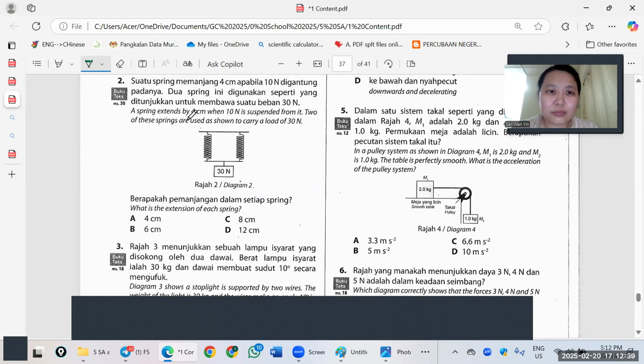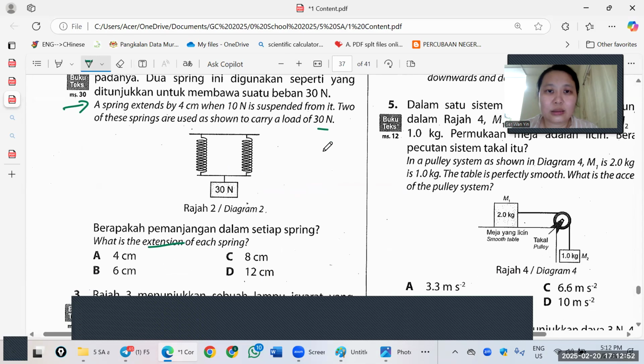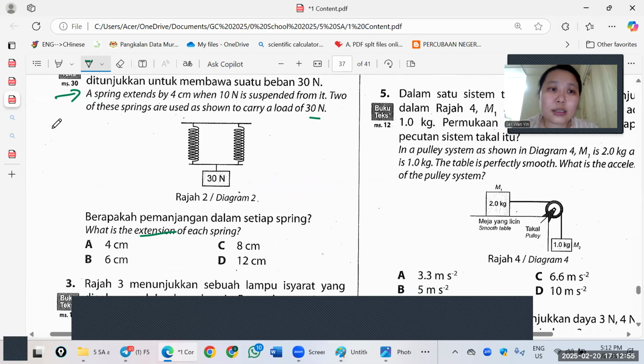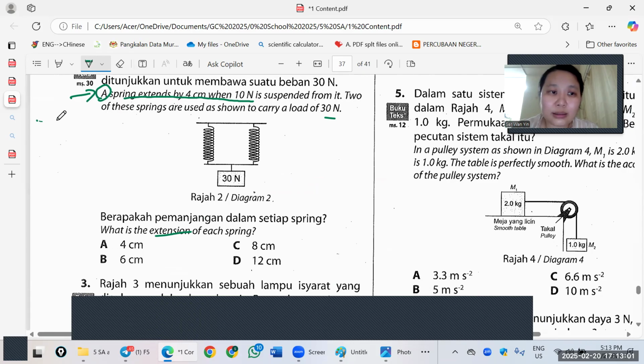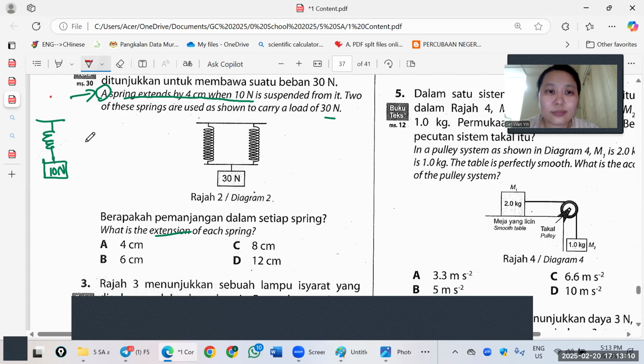Then this one, a spring, and 2 of the spring carry the load. So what is the extension? First of all, a spring is pulled by 10 Newton. So we draw like this: a spring, 10 Newton.